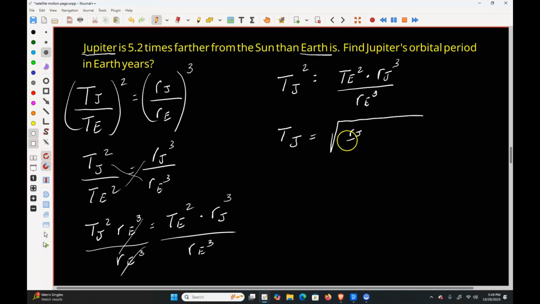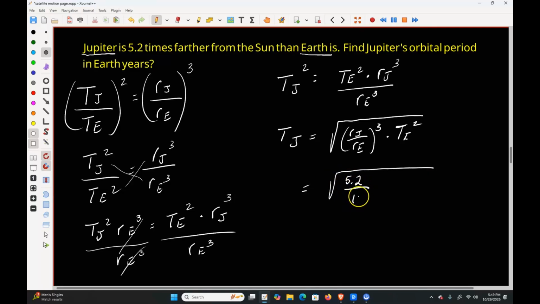The radius of Jupiter is 5.2 times that, so I'm going to say this is 5.2.